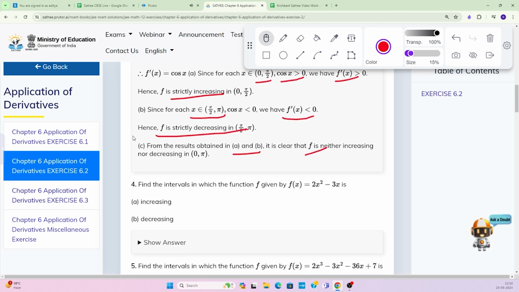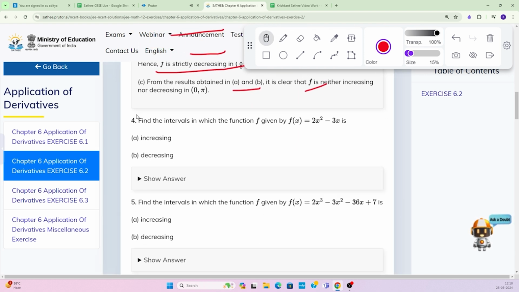Okay, now the fourth question. You have to find intervals such that this function is increasing and decreasing. So first of all, find f prime. F prime is 4x minus 3.